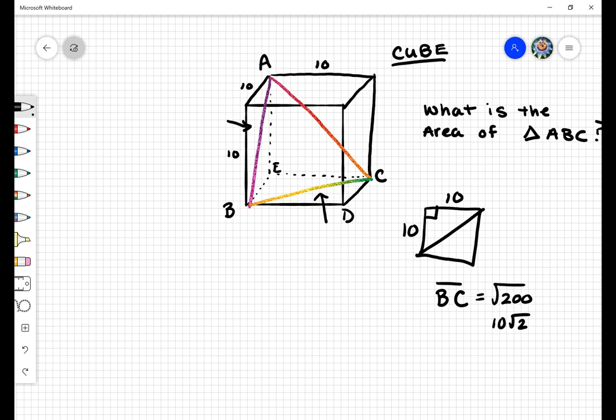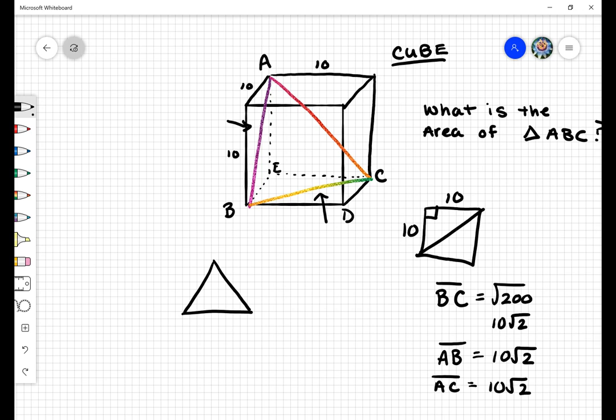And that would be the same case for the other length, AB. Is that the length of AC? Yes, it is. So we know all three lengths. It's an equilateral triangle in the middle.